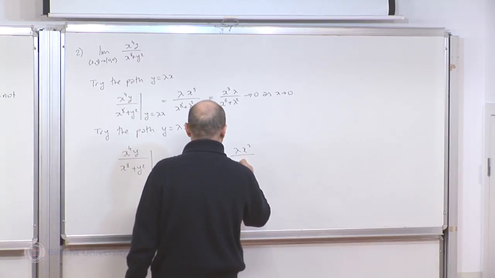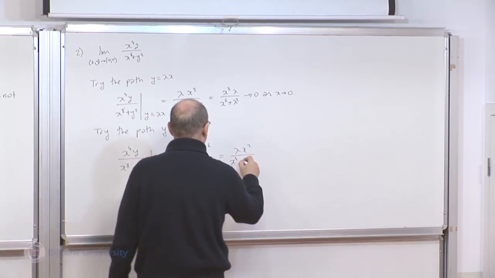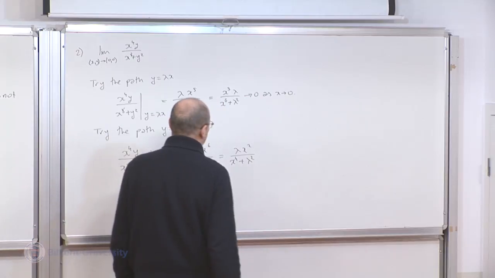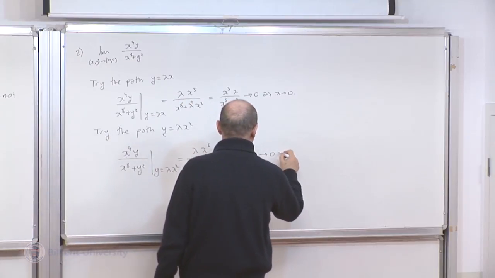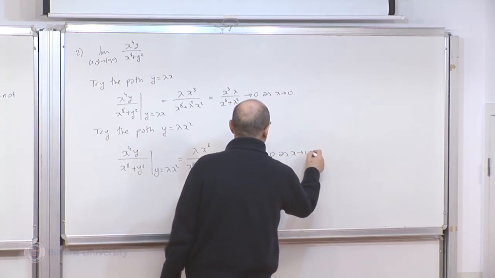I'll again cancel this, and I'll have lambda x squared over x to the 4 plus lambda squared. This again goes to 0 as x goes to 0.